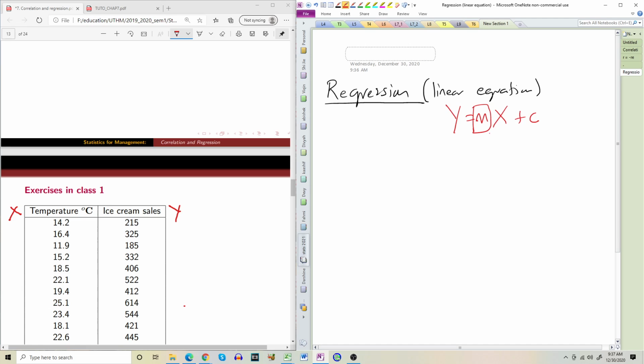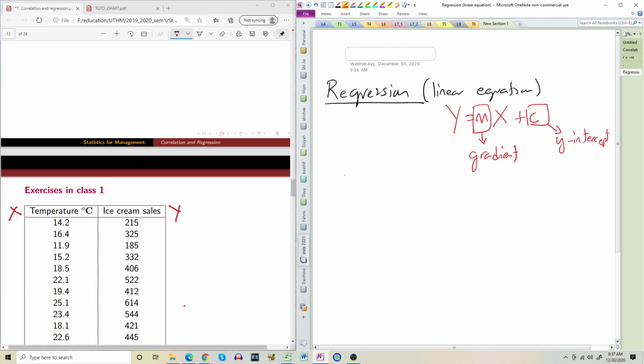Your m is gradient. I don't need to teach you this. This is form 5. And c is the y-intercept.